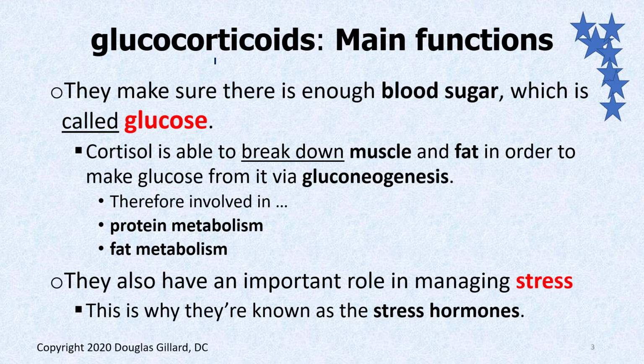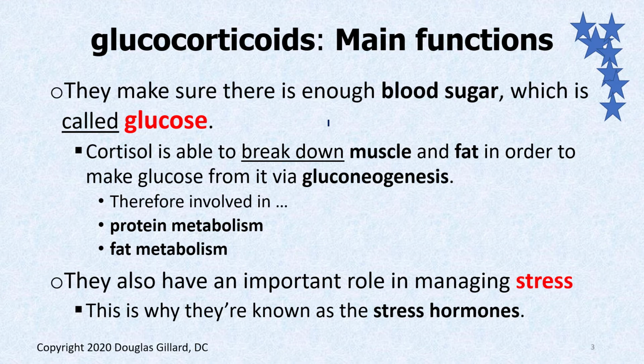the zona fasciculata, and one of the main functions is it makes sure that you always have enough blood sugar. We said that stress can suck blood sugar out of you, and if you don't have food around to replace that blood sugar, like if you're sleeping at night, how are you going to get the blood sugar?